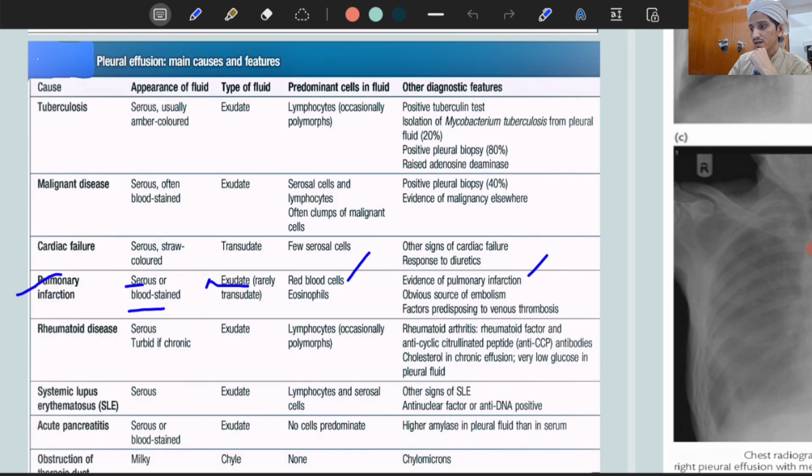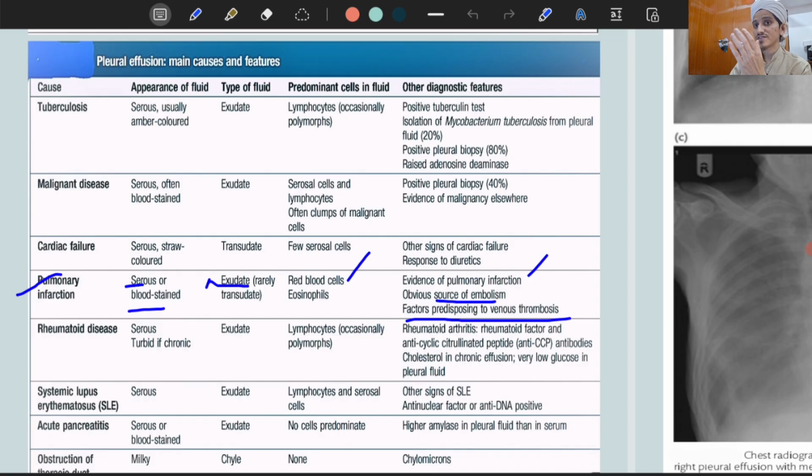There will be a source of pulmonary embolism like DVT, deep venous thrombosis, and there will be factors predisposing to venous thrombosis. For example, the patient is bedridden for so many days, or the patient had a stroke in previous days.